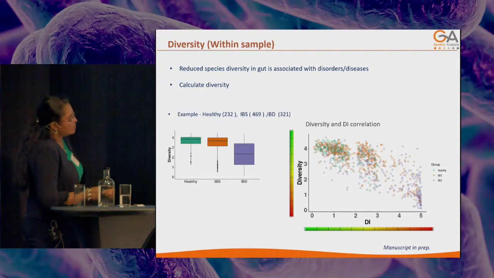The IBD samples in purple have a higher dysbiosis index and lower diversity in most cases. And the IBS samples are more or less spread across. But here in this right corner, we have some IBD samples which have a higher dysbiosis index but also a higher diversity. This is because our algorithm that calculates DI mostly looks into the balance of the commensal bacteria rather than the diversity.